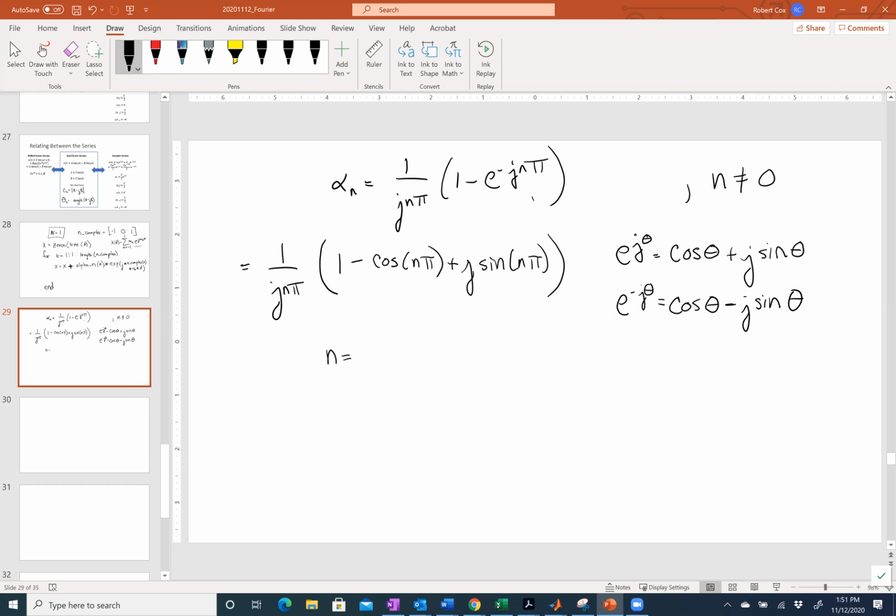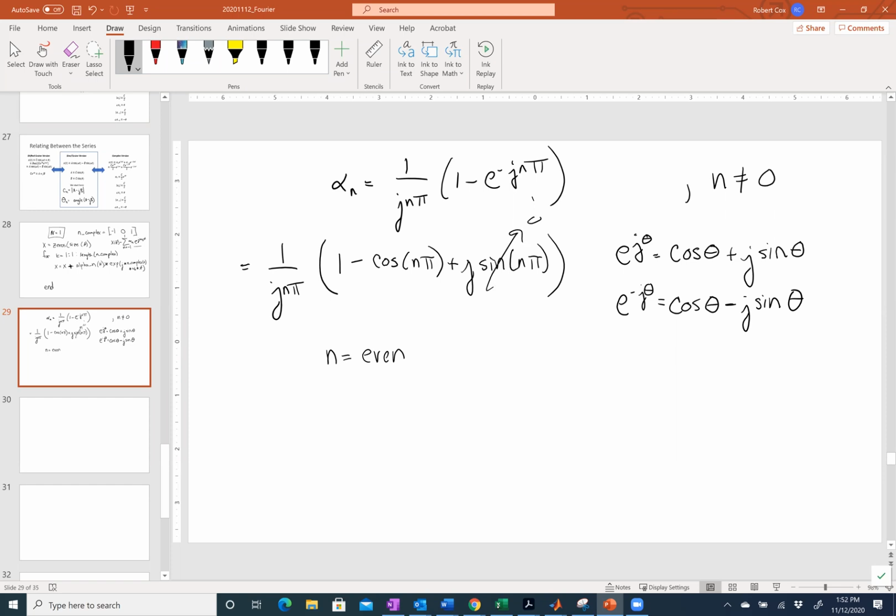When n equals an even number, what happens? So what's the sine? If I have sine of 0 or pi or 2 pi, think about what's going on. Sine is always going to be 0 if n is an even number. So in other words, this guy would basically become 0 in that case.